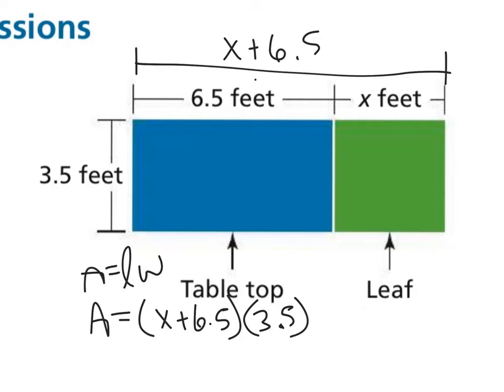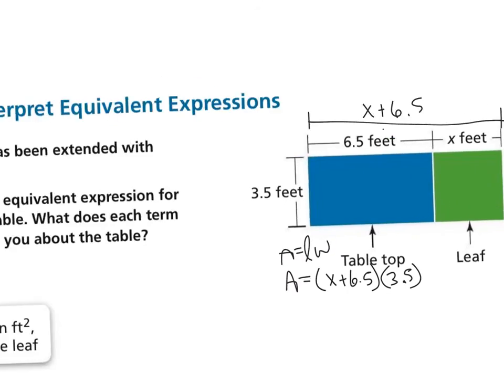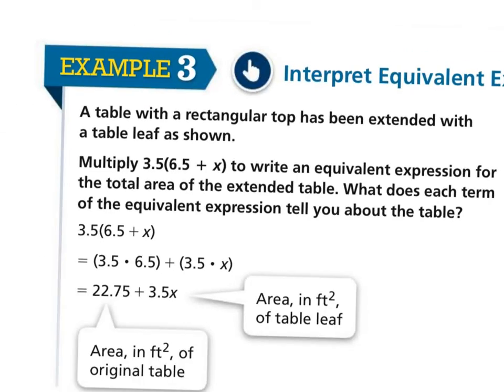So x plus 6.5, that quantity times 3.5. If we just rearrange the order there, then that'll be exactly what the book had, which is 3.5 times the quantity x plus 6.5. They have 6.5 plus x, but that would be the same thing. Does that make sense? Yeah.